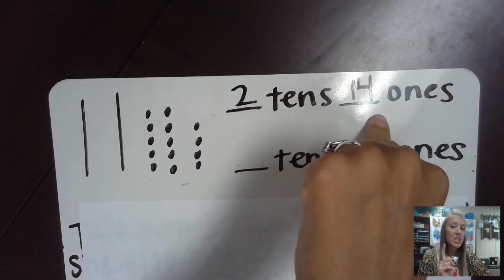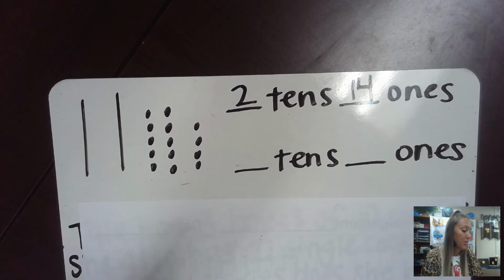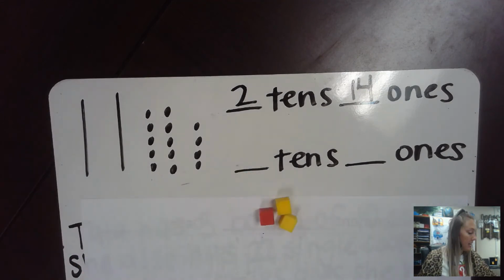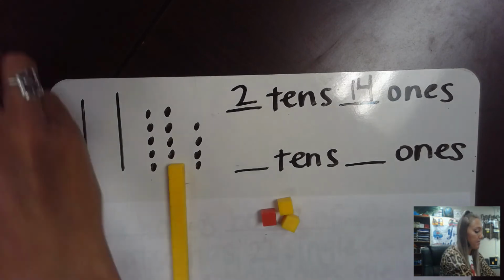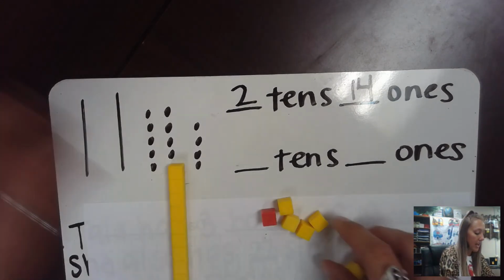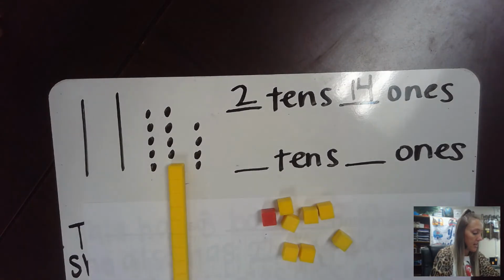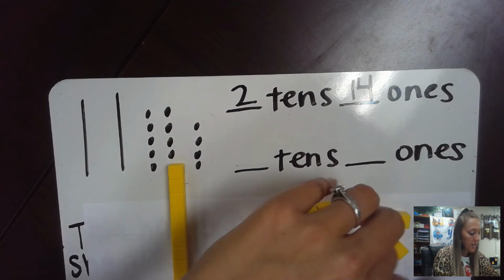What I'm going to do now is take 10 of these ones. Remember I said 10 of these equals 1 of these. So I'm going to take 2, 4, 5, 6, 7, 8, 9, 10, and then there was 14.